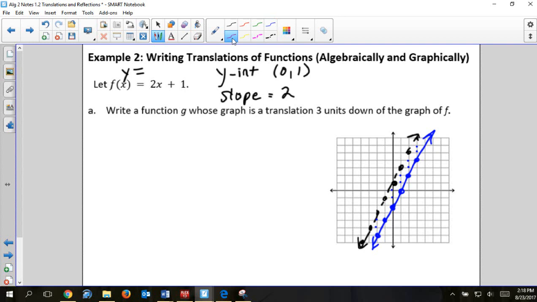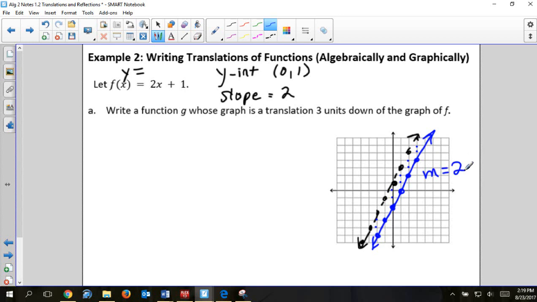Algebraically. By the way, before I do it algebraically, what is the slope of this blue line? What is the slope of this new line? Okay, yeah, it's the exact same. They're parallel lines, so same slope, 2. And then what is the y-intercept of this new line?